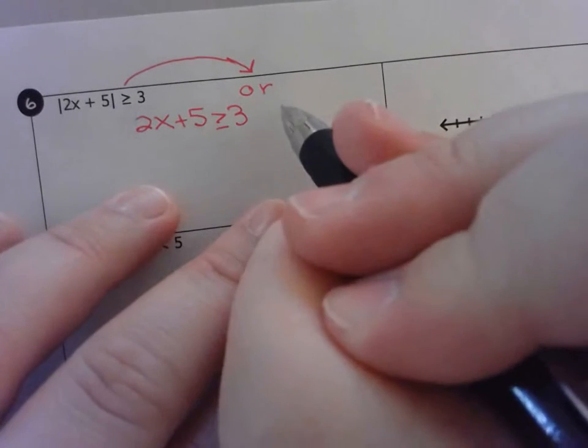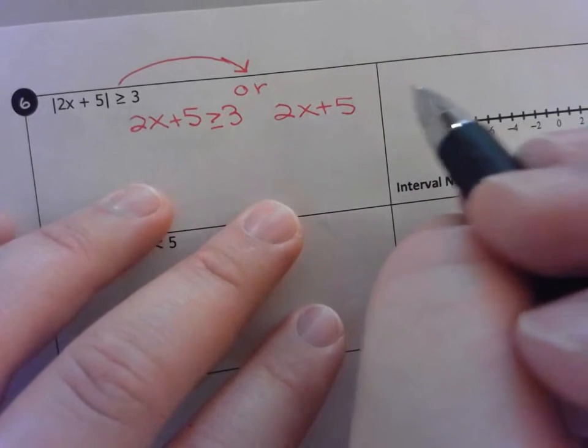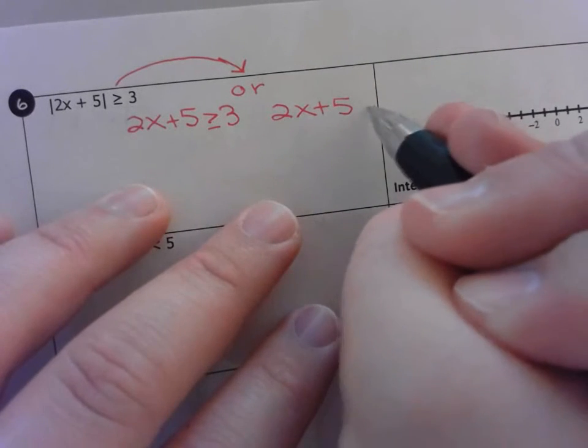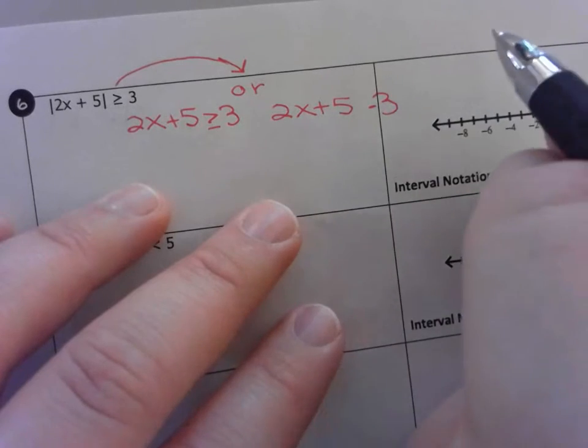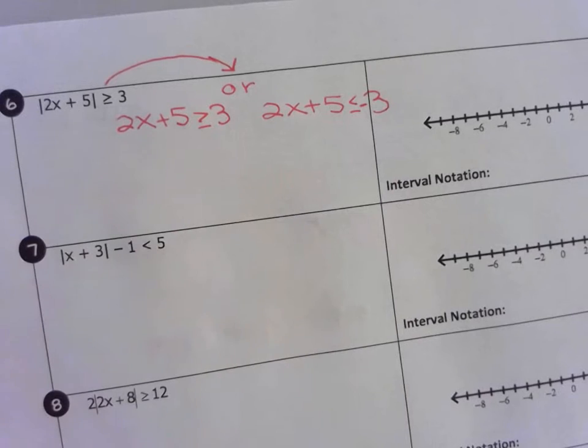The second one, you take the inside part and you set it equal to a negative, but since it's an inequality, when I make this a negative 3, I'm going to have to do what? Flip the sign, so it becomes less than or equal to. So that's the only thing different. It's the same idea as with equations, but you're dealing with inequalities, so you have to switch the direction when you make it a negative.